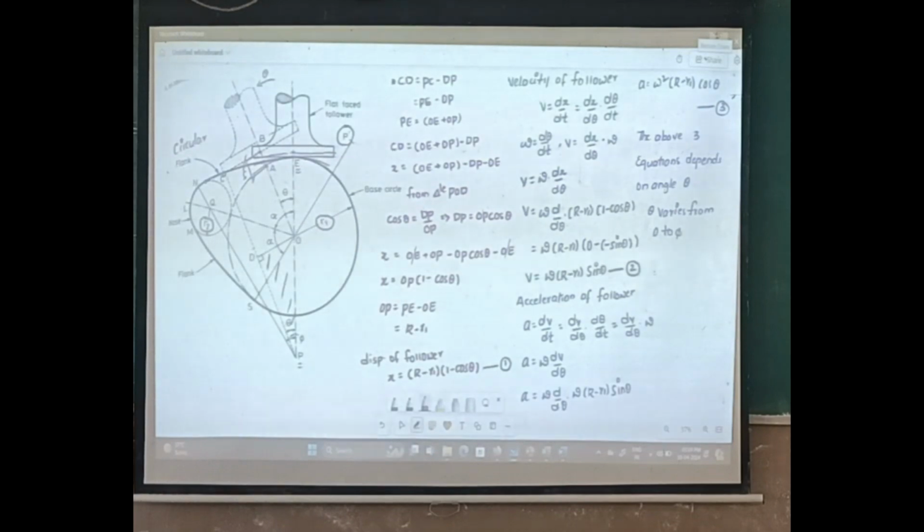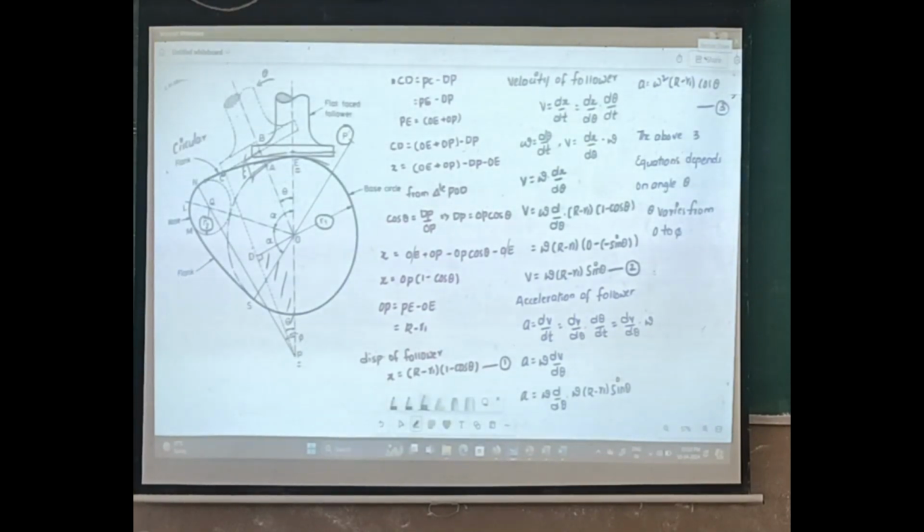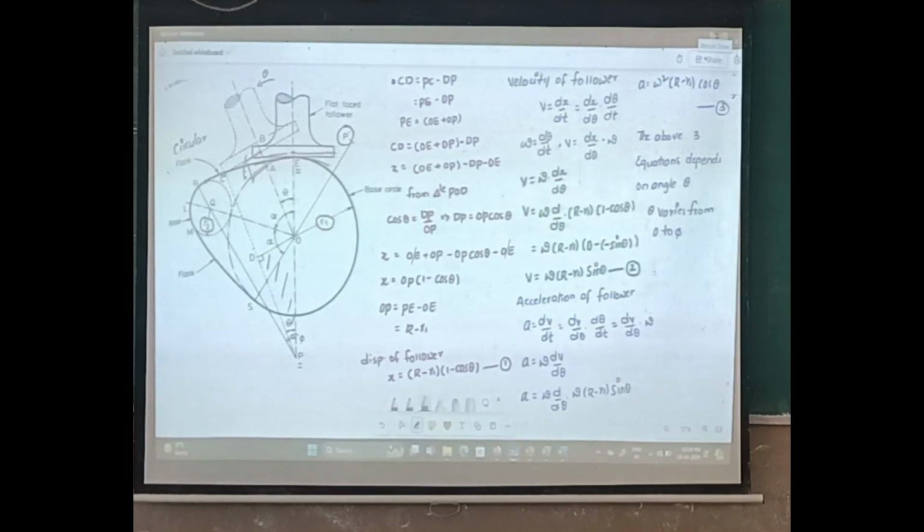If theta is equal to 0, what is the velocity of the follower? 0, since sin 0 is 0. So when theta is equal to 0, the velocity v is 0.